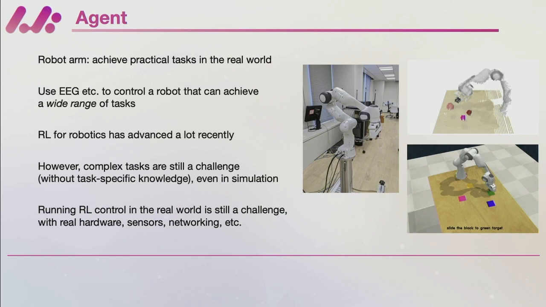Given the advances in reinforcement learning and AI, we want to integrate this with EEG human inputs, and provide a person with an interface where they can control a robot to do a lot of different things. But of course, there are still many challenges to get this to work, even in simulation. And in the real world, there are obviously much more complications.